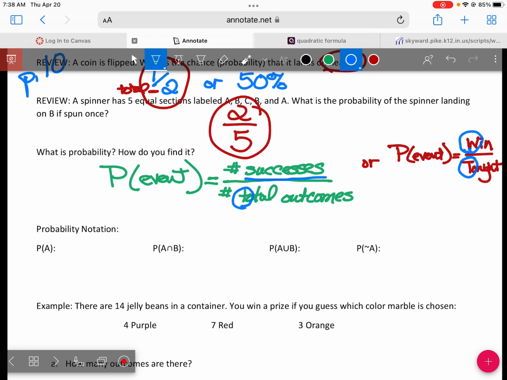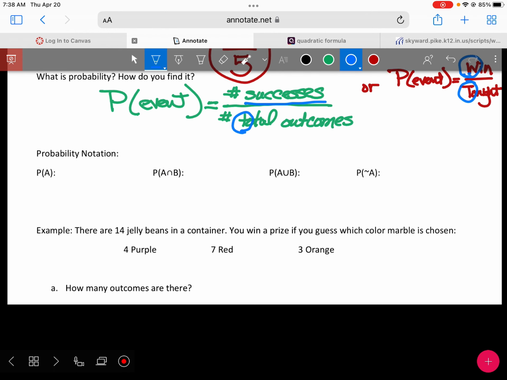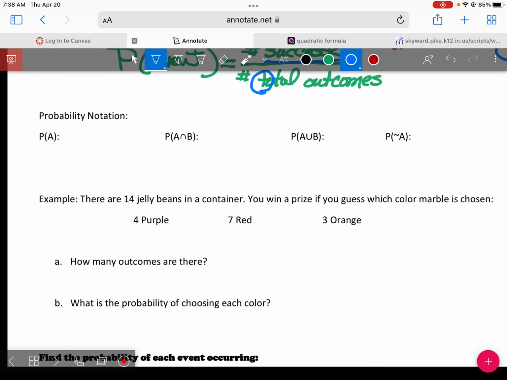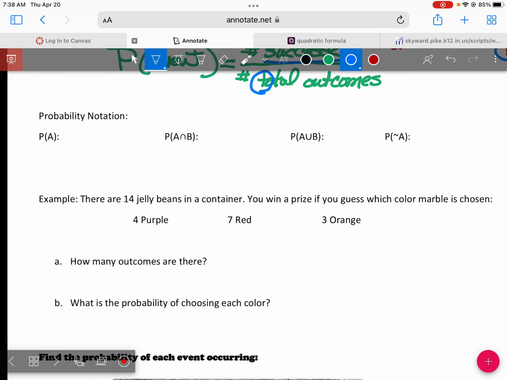Notation-wise, there is a lot of notation when it comes to probability. Okay? First off, we have the probability of A happening. Probability of A happening is the probability of rolling an A, okay, over the total.